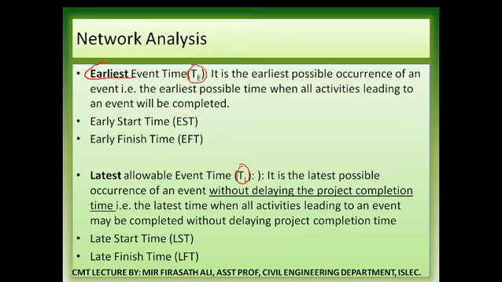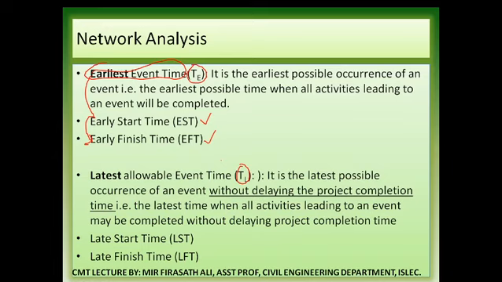This earliest event time, which is our TE, is divided into two. What are those? Earliest start time, we call it EST, and one more, we call it earliest finish time. Now the next one is latest allowable event time, TL. It is nothing but the latest possible occurrence of an event without delaying the project completion time. In earliest event time, it was the earliest possible occurrence.